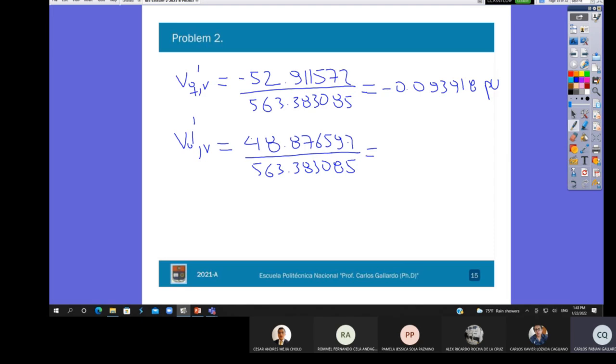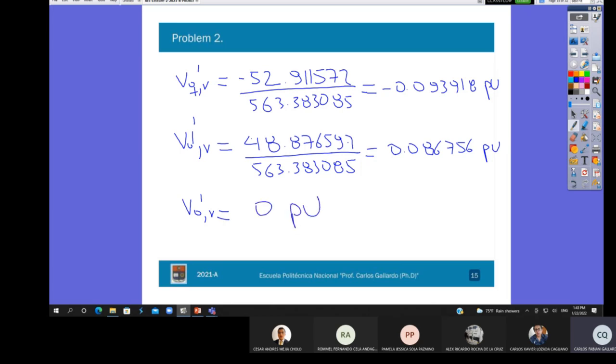So this is equal to 0.086756 per unit. And the last one, the zero axis voltage, is equal to 0 per unit.